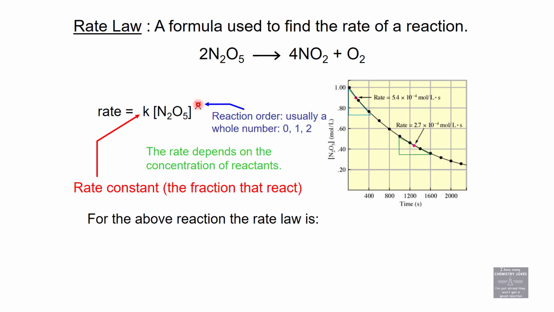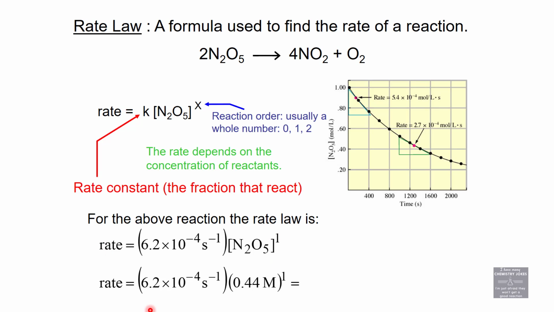For this specific reaction, the rate law is equal to k, where this is the value of my rate constant, times the concentration to the first power. Being to the first power would make me call this a first order reaction. We'll talk about specifics of that in a bit.